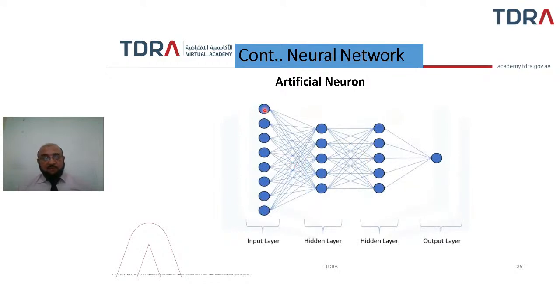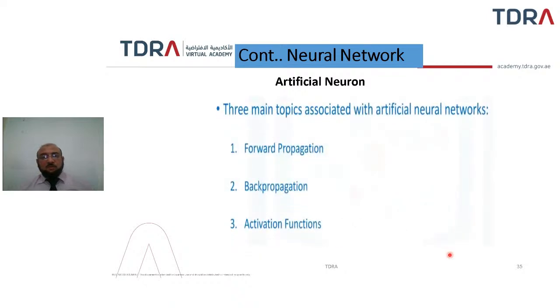Like here, in a neural network we have an input layer, a hidden layer, and an output layer. Three main topics related to artificial neural networks are forward propagation, backward propagation, and activation functions.